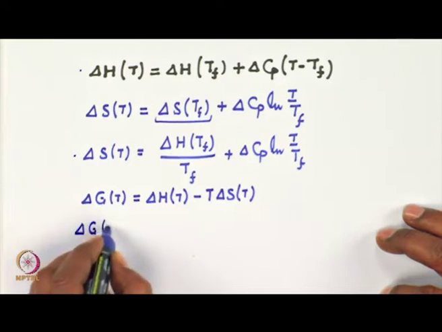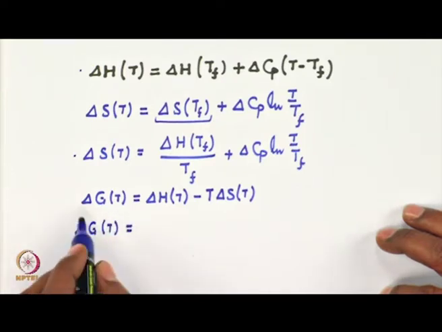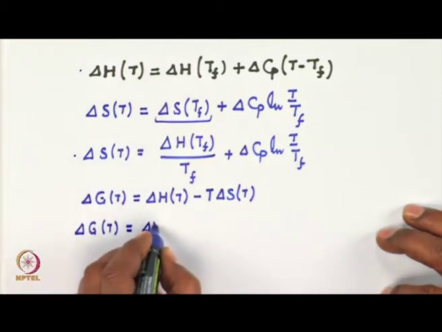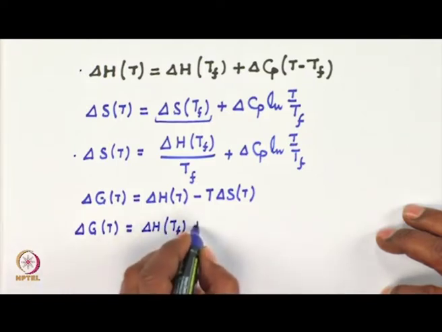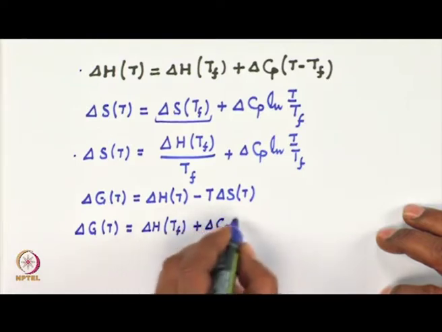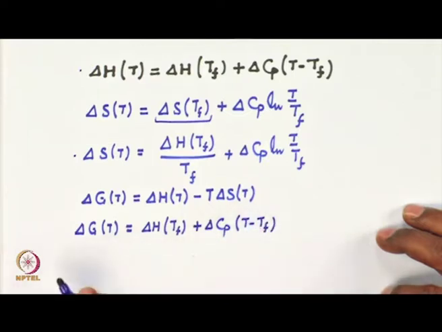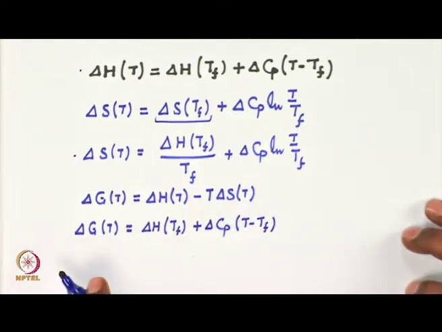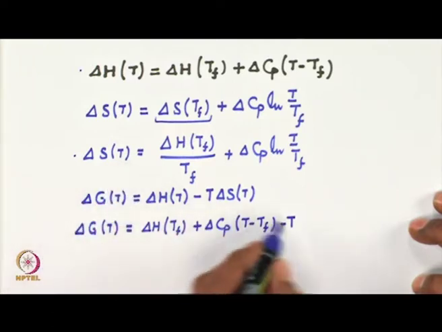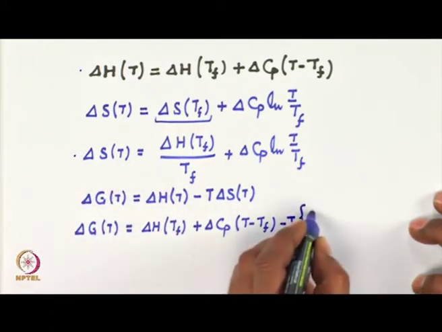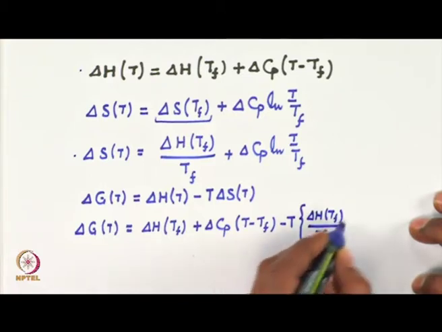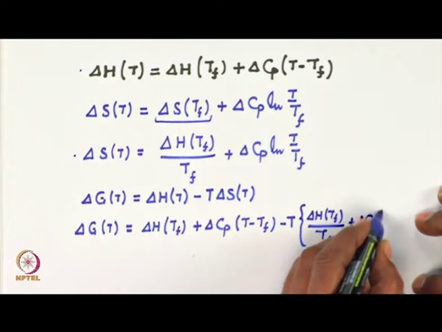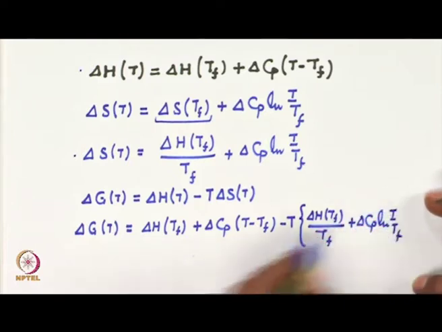Delta G at any temperature is equal to delta H at any temperature, which is delta H at freezing point, that is the enthalpy of fusion, plus delta Cp into (T minus Tf), minus T into delta S, and I will put the entire thing over here, which is delta H at Tf over Tf plus delta Cp log T by Tf.